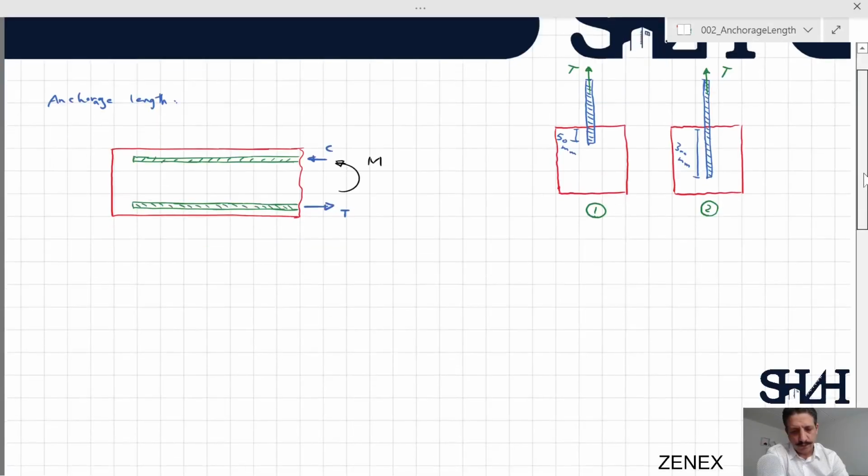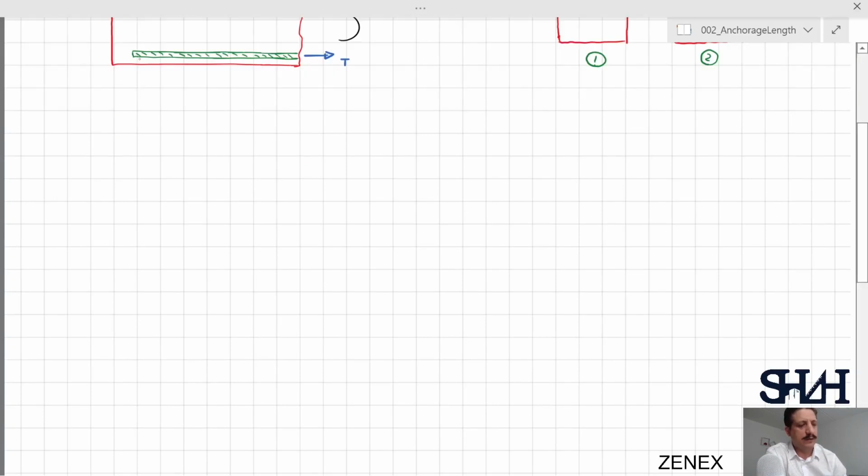So now, before we start to talk about Eurocode and how to calculate the anchorage length, let's have a simple calculation to understand how to determine the anchorage length.